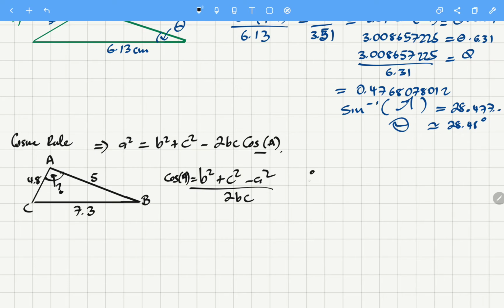Plugging in the values: that's my b, that's my a there, and that's my c.